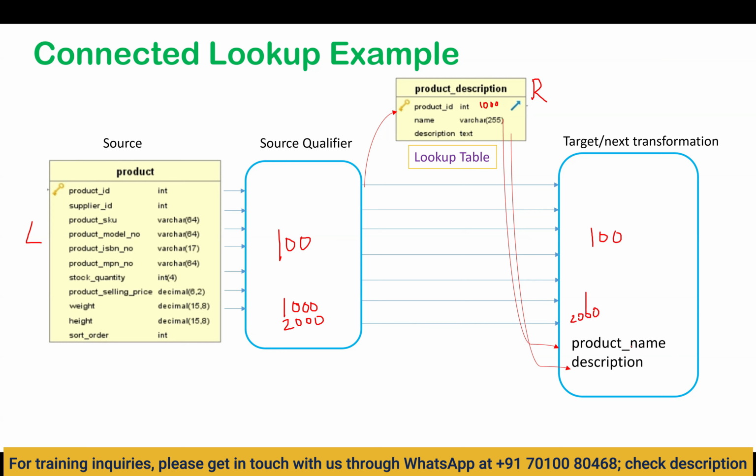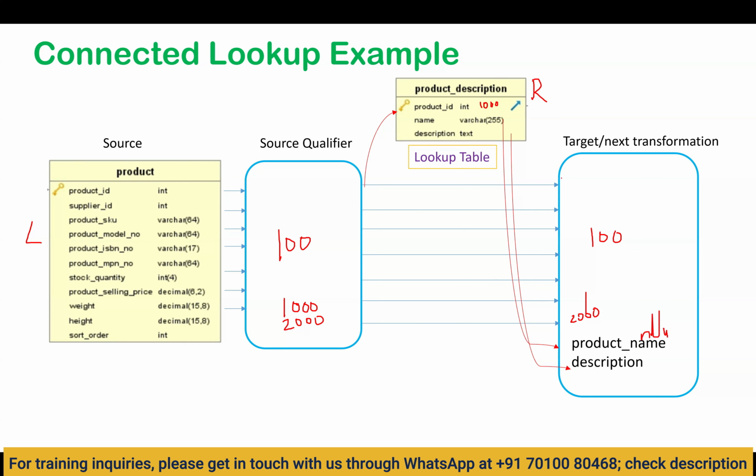But what could be the product name or description? We will get null only, because for 2000 we do not have any product description or product name. That's the reason we get a null value here.